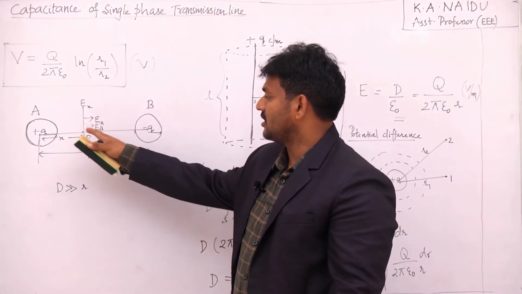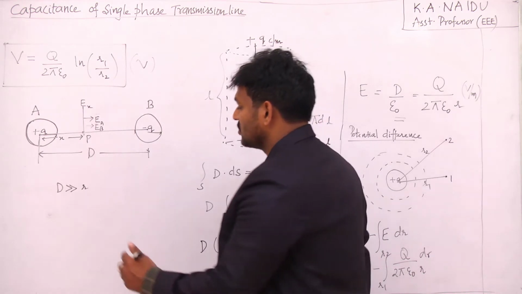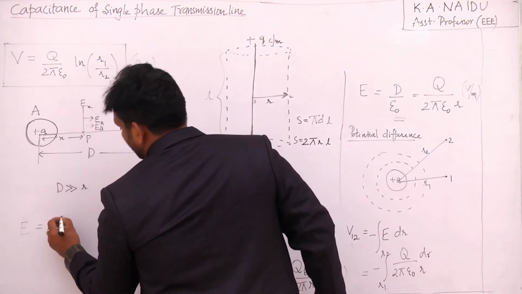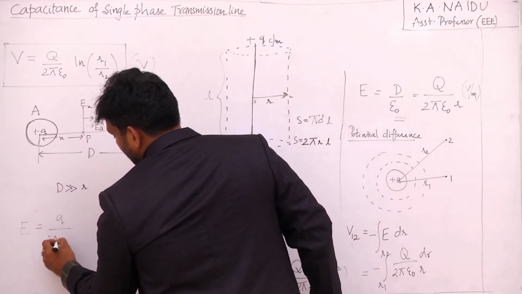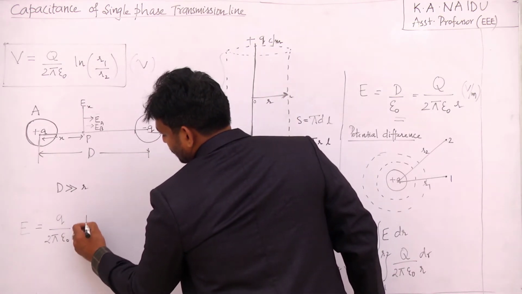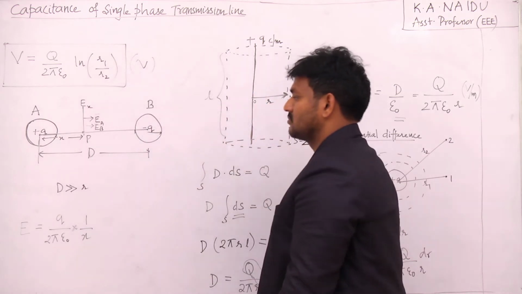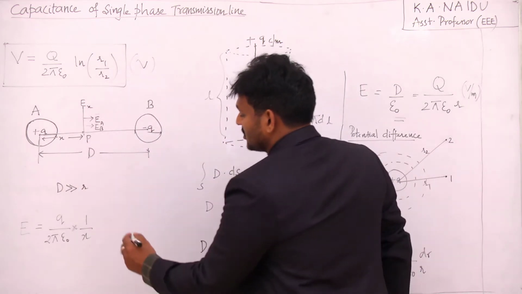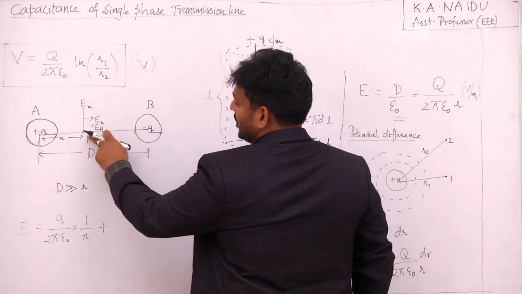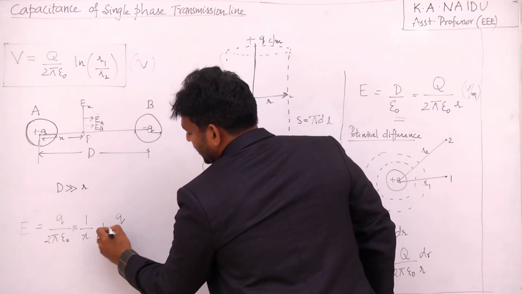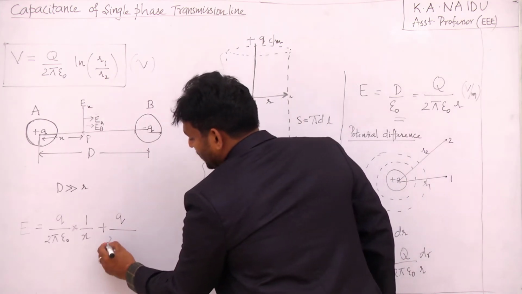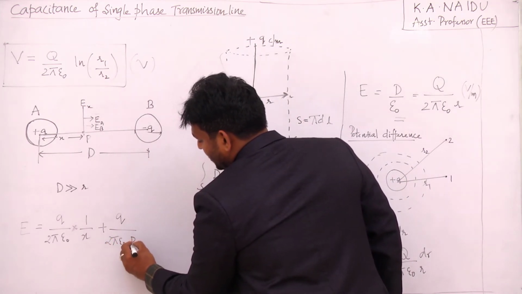The electric field intensity at a point P due to the charge Q is given by E is equal to Q by 2 pi epsilon naught into 1 by x, plus the electric field intensity due to the charge minus Q at the point P, which is given by Q by 2 pi epsilon naught into D minus x. Forget about the sign here because the electric field intensity is in the same direction.